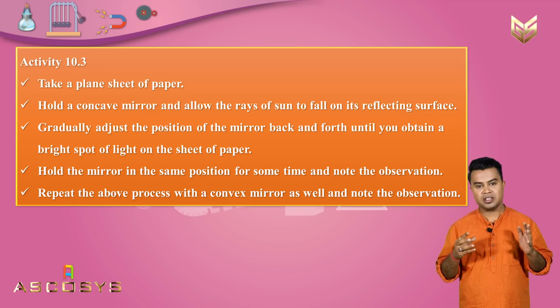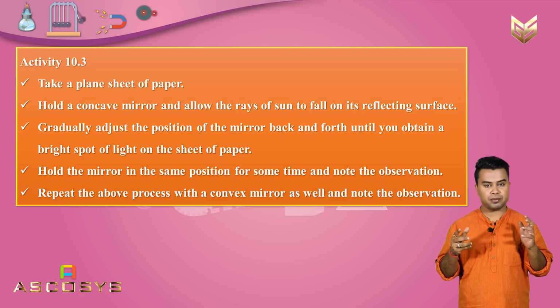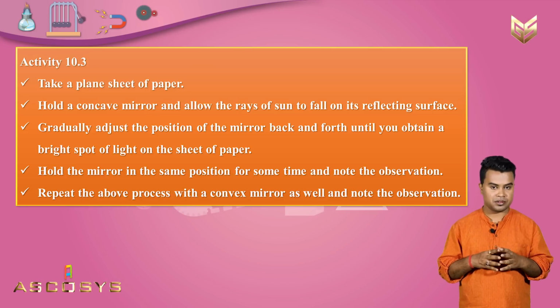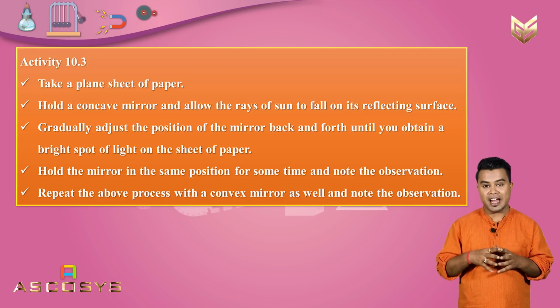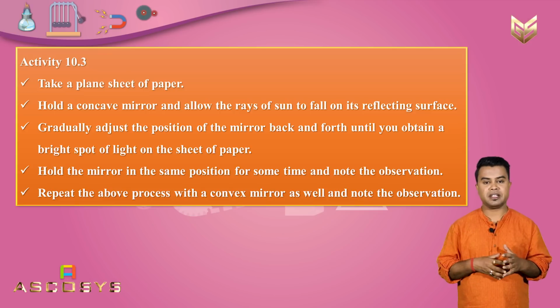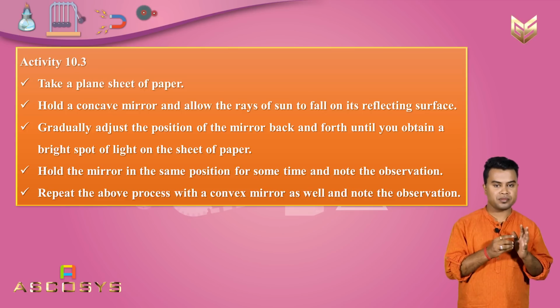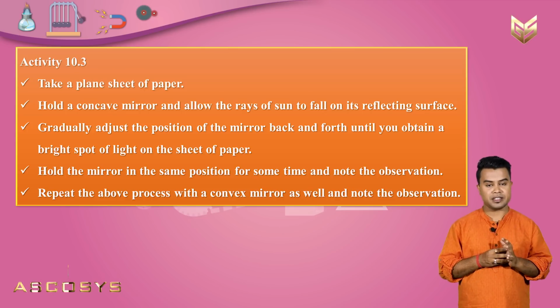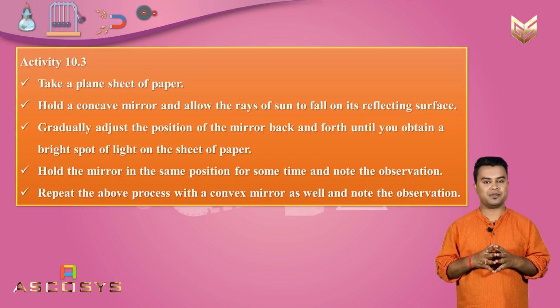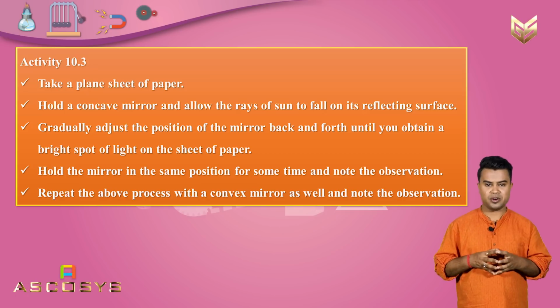Hold the mirror at that position wherever you are getting the bright image. Now, what can you observe? Do the observation. Now, take the other mirror, your convex mirror, do the same thing, try to obtain the bright spot on the screen with the help of sun rays, and then note down the observations you got.